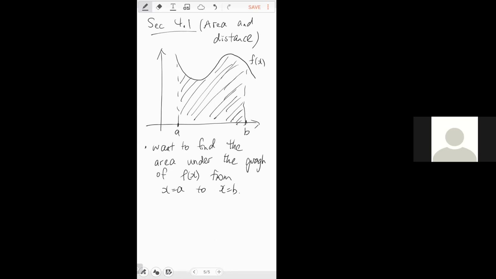So we actually don't want to find the exact area. We want to approximate the area using rectangles. Here's how it goes.